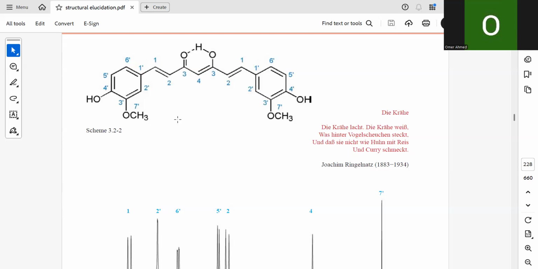So from this compound we expect 11 signals of carbon-13 because it is symmetrical. So here 1 prime, 2 prime, 3 prime, and then the methoxy, 7 prime.